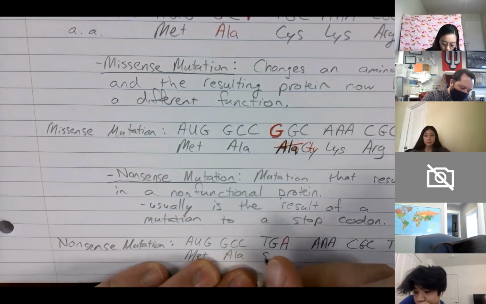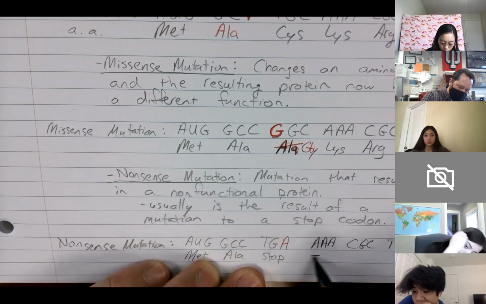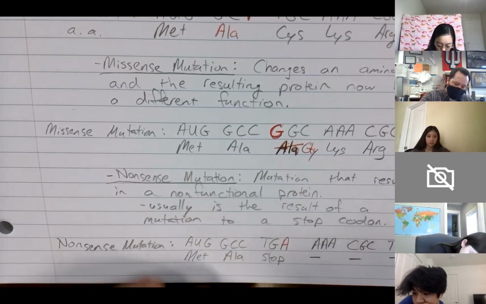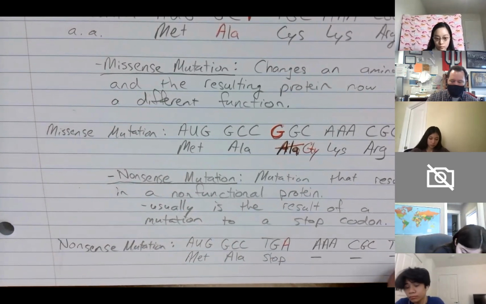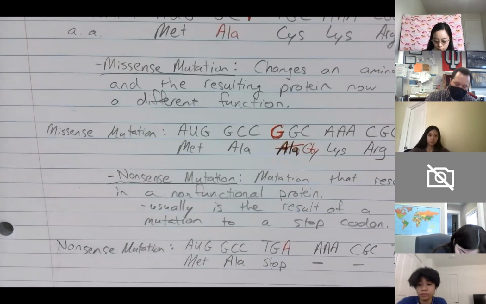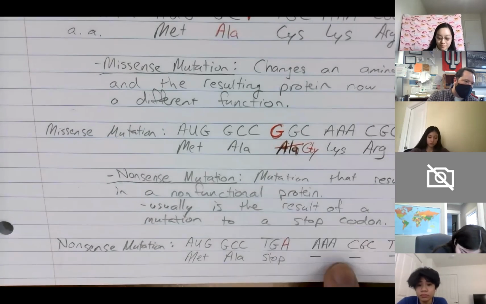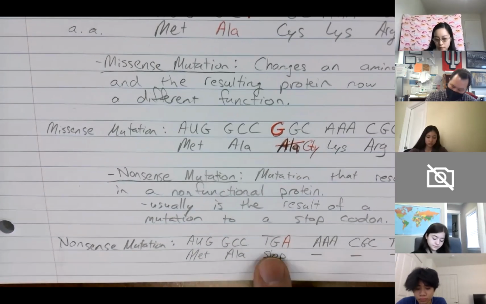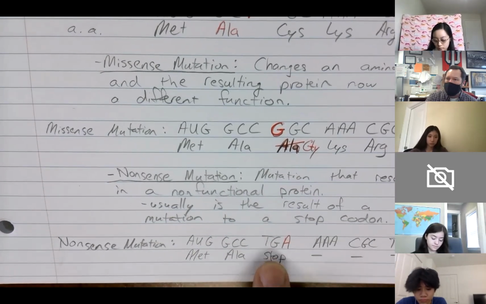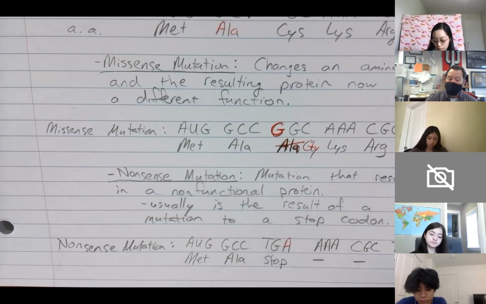There we are, a stop codon way too early. And guys, when you read a stop, you stop. That protein's done. I know you can argue, well, that's still the same codon as it was up here. Yeah, but it doesn't matter. They're never going to get read because our ribosome is going to read stop and he's going to stop.